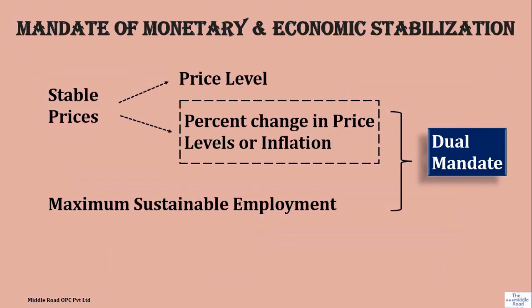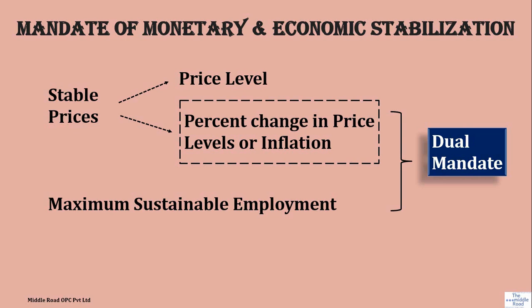Here, I've taken an example of the Central Bank of New Zealand or the Fed. Now, this is a part of a dual mandate. When we talk about central banks looking at stable prices, what are we talking about? They can either target the price level or target a percentage change in the price level, or inflation. The second is maximum sustainable employment.